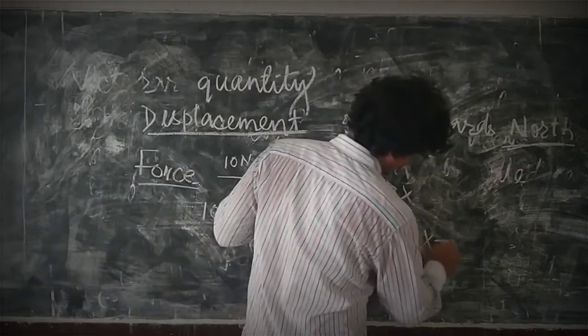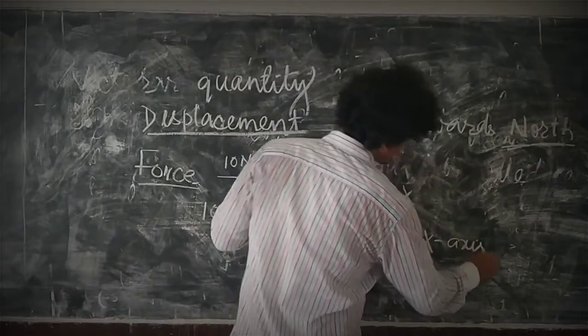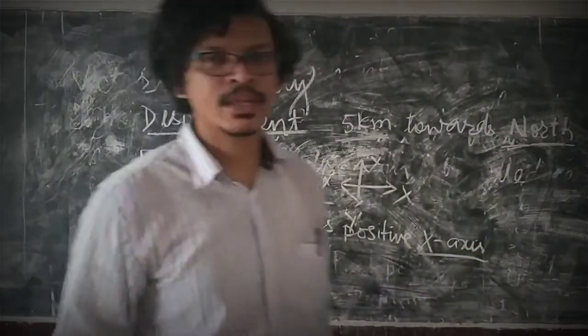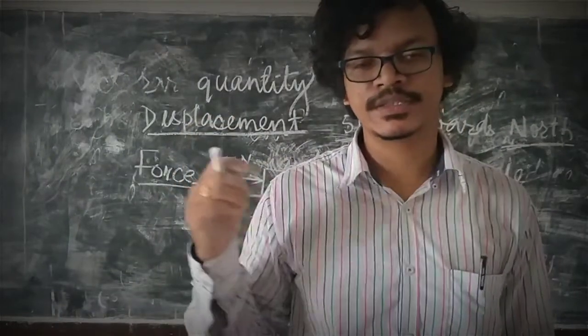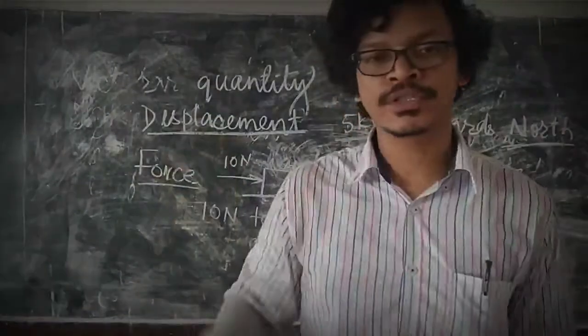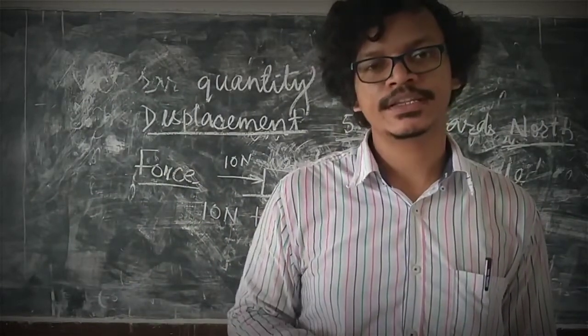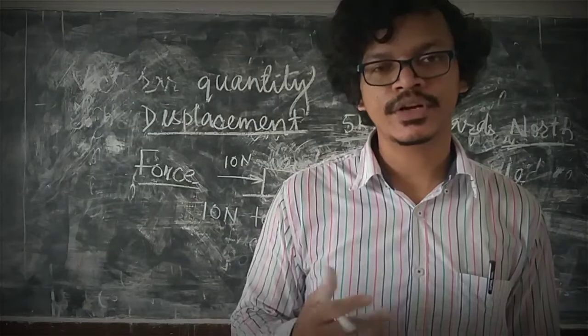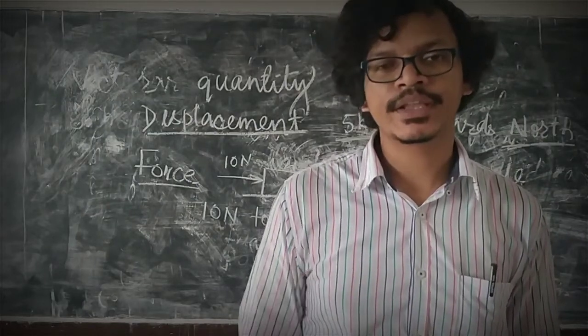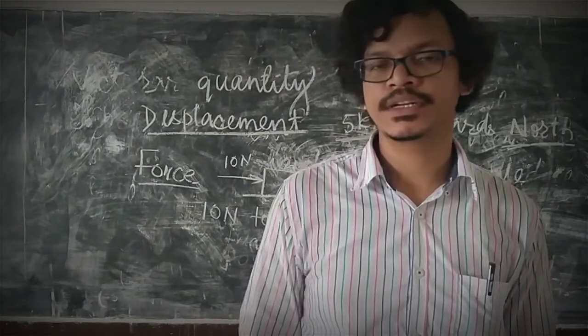So here we have seen that displacement and force are both associated with magnitude plus direction. So this type of physical quantity is called vector quantities. Now you can think of some other examples of vector quantities.